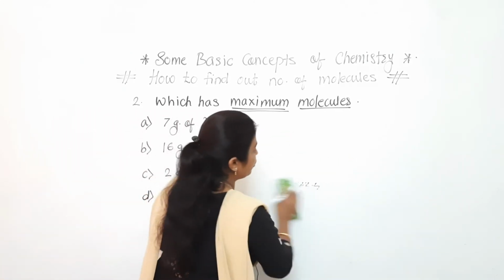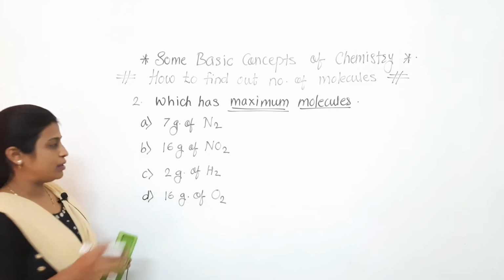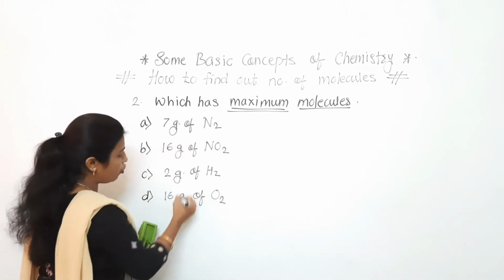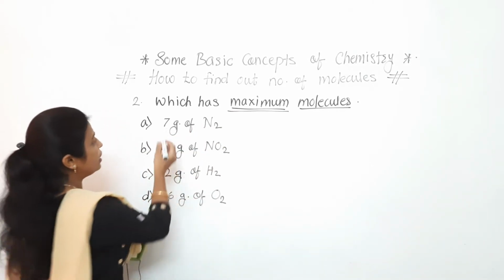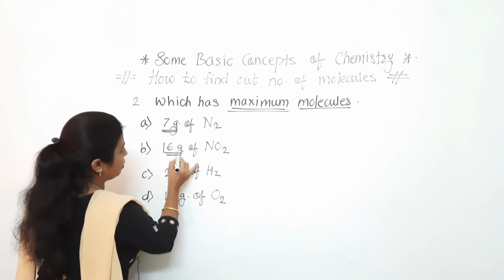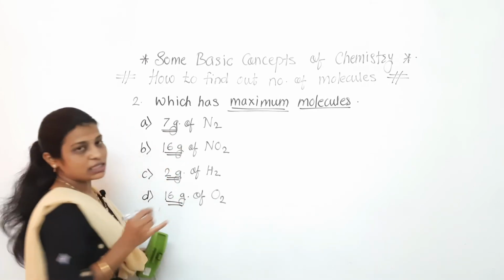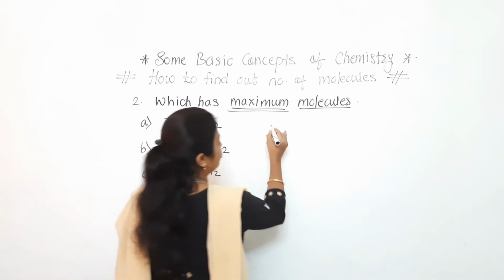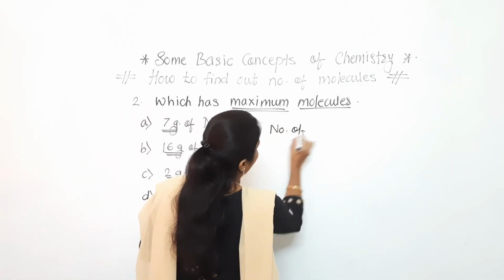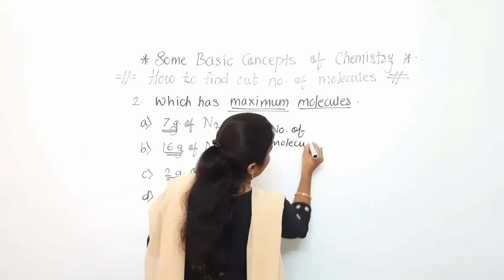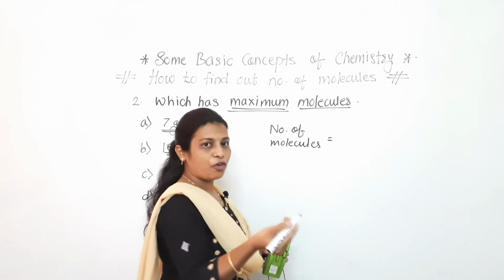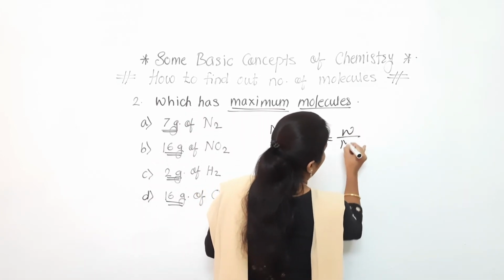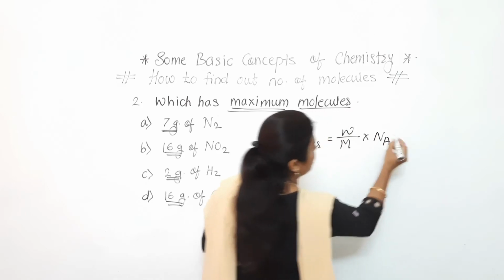If we consider the first example, in those 4 options we can observe that everything is given in grams, means they have given mass here. So we have to use the common formula for all options, that is number of molecules is equal to number of moles, which we can write as W by M into Avogadro's number.